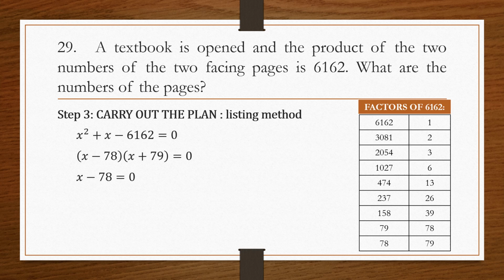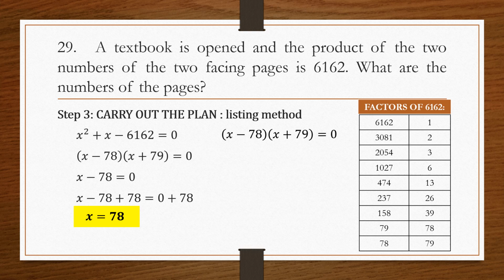Now, we'll get the root. So paghihiwalayin natin yung dalawa. We have x minus 78. And if we solve that, we'll get x equals 78. Yung isa, x plus 79. The root that we'll get is negative 79. Ngayon, wala namang negative na page number.